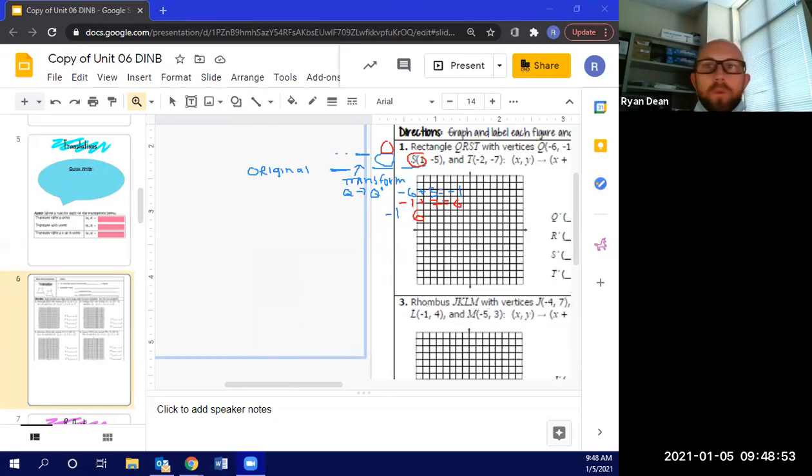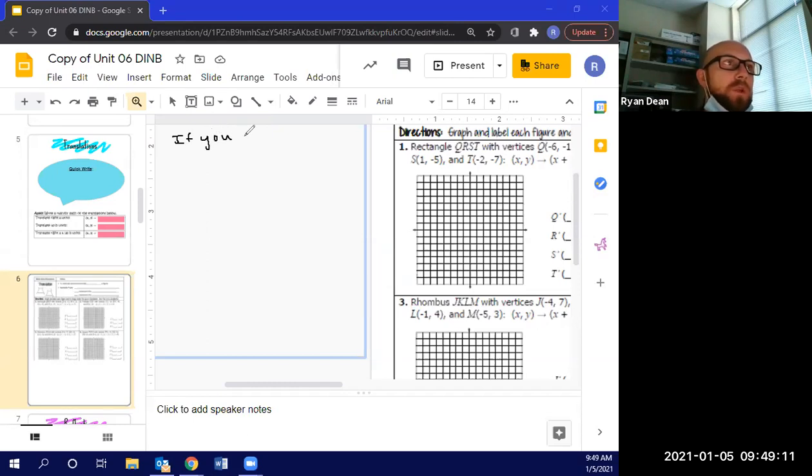The way that you can write that out is there's a general rule of thumb. If you add a number to the original coordinate, then you're going to the right. It could be 5 units, it could be 10 units.